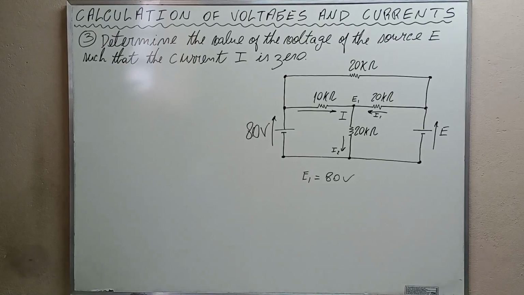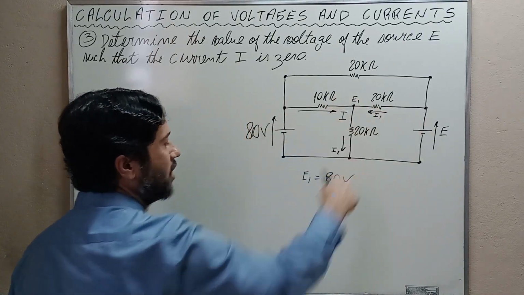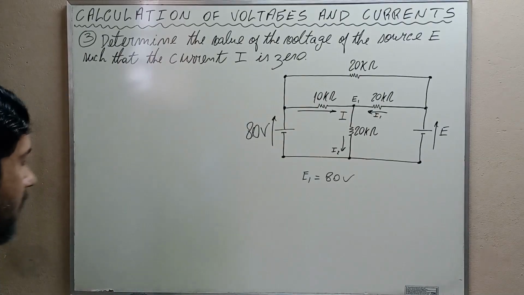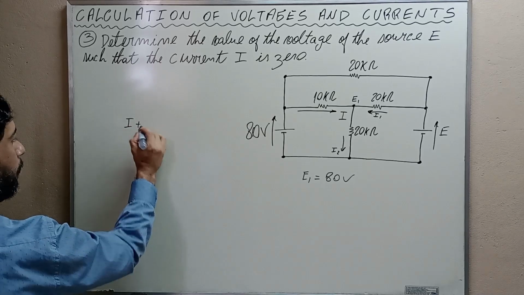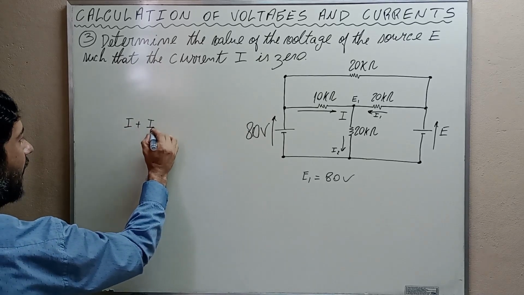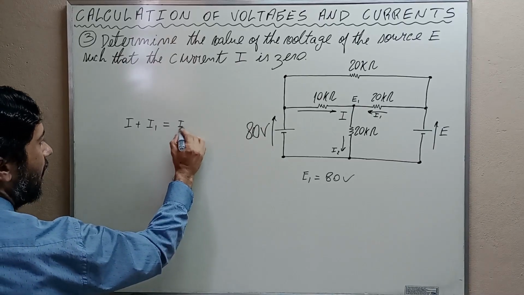Now, applying KCL at the node E1, we obtain that the sum of the currents that enter the node has to be equal to the sum of the currents that leave the node. I plus I1 has to be equal to I2.